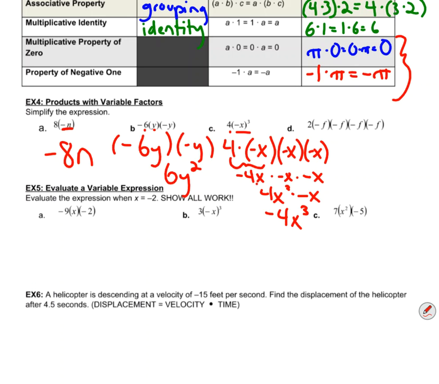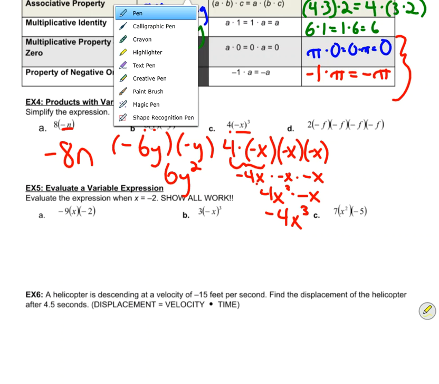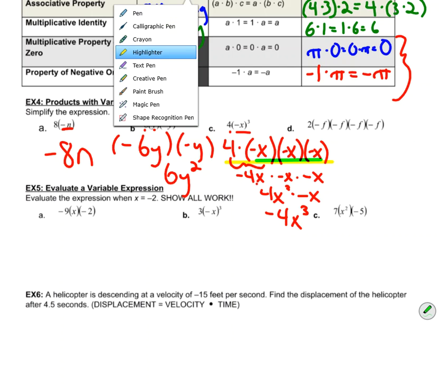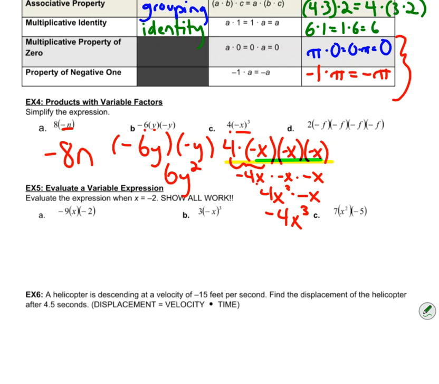If you'd like to shorten up the amount of time that you're writing, then after I expanded it out to this step here, I might notice, hey, I've got 3 negative x's being multiplied together. I know that if this was just positive x, we would get an x cubed.